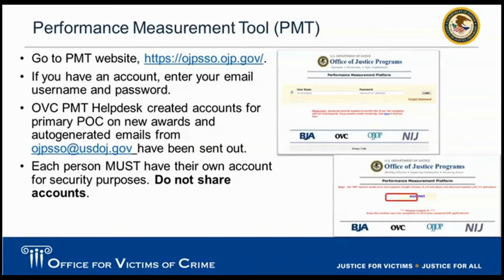And then you will go to the first page that will then take you to the OVC PMT. If you have an account, again, your email is your username and a password. There's a temporary password when you first create an account for you, and then you're required to change it and update your security questions and make sure that you do not share that account or that password with anyone else.